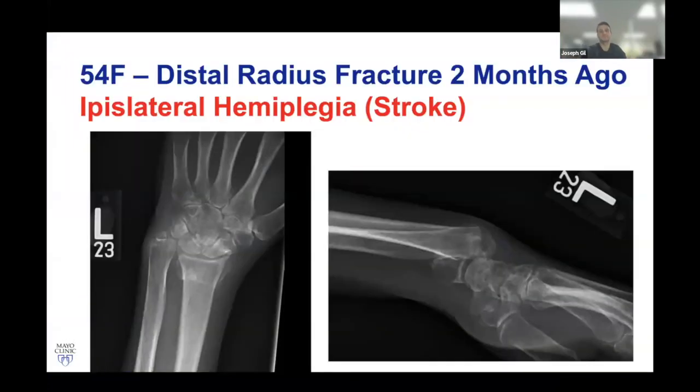So this is the patient who had this distal radius fracture, and she's hemiplegic on this side. She can still move her fingers. She has good volitional control, but she definitely has some spasticity here.